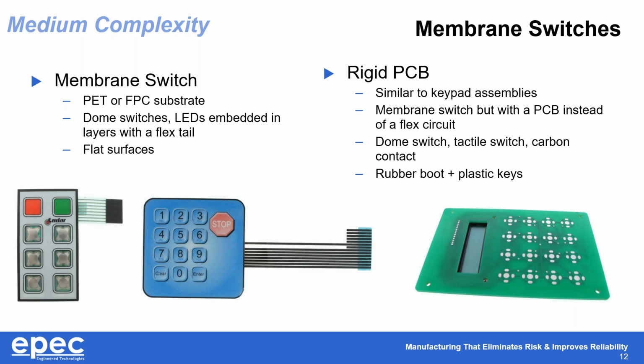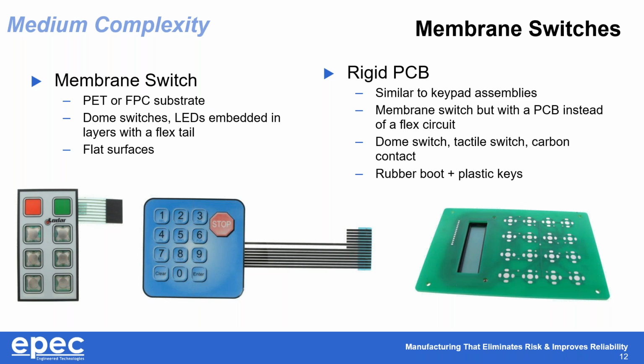For Epic to reproduce any of these items here, we would need, at the very least, a preliminary drawing that shows the rough dimensions and how you want the switch to function, any artwork that's available, and some initial performance or schematic requirements for us to work with.